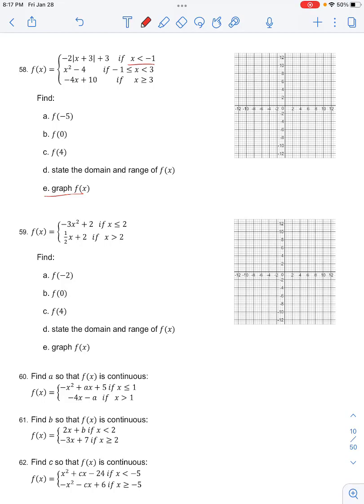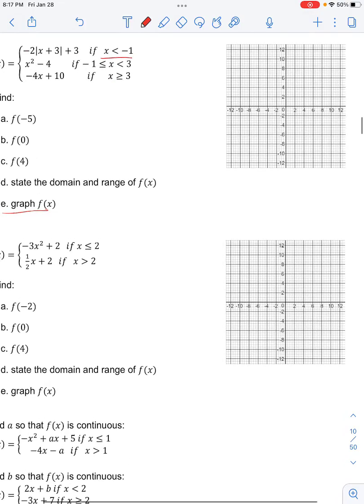Normally when we graph this absolute value function, we would have our vertex at -3 and 3, so that would be right here. But actually this is the vertex, so we end this at -1.